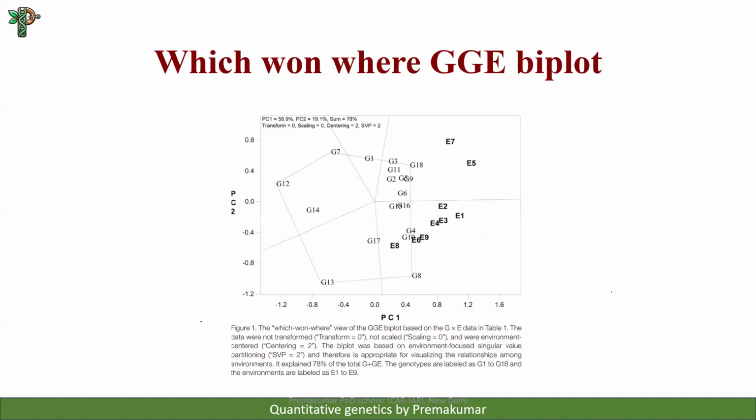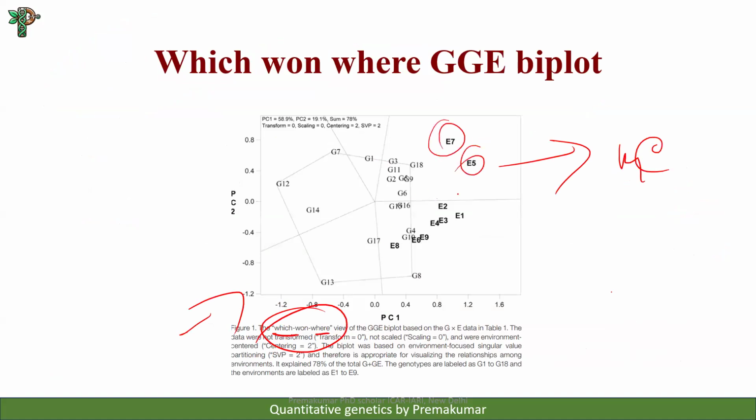For example, this is a typical which-won-where graph, showing in which environment which genotype is performing better. See here, the environments are classified. In environment 7 and environment 5, G3, G11, G5, G2, G18, G6 are performing better.